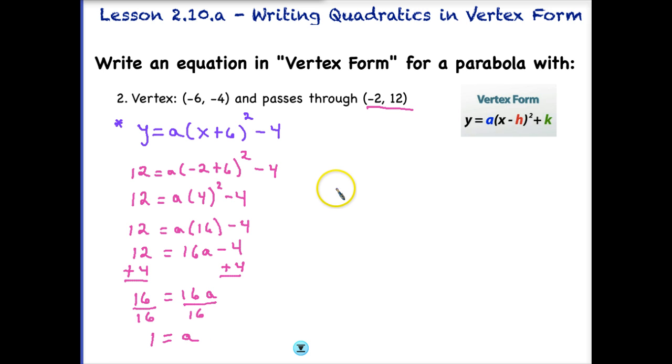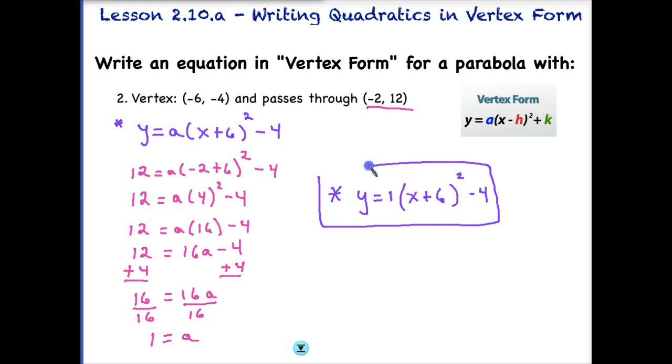Okay, let's go ahead and write our final equation. So our final equation is going to be y equals, a is just 1, so we can put a 1 there or we can leave it blank. It would be understood to be 1. And then we have x plus 6 squared minus 4. And that would be our final answer.